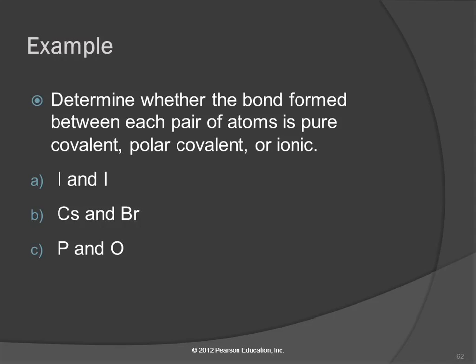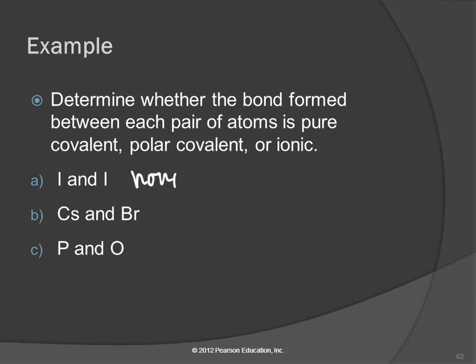So we should be able to answer questions like this using just a periodic table. So determine whether the bond formed between each pairs of atoms is pure covalent, meaning nonpolar, covalent, polar covalent, or ionic. Between iodine and iodine, that's going to be nonpolar because they're the same. Obviously, they have to have the same electronegativity.